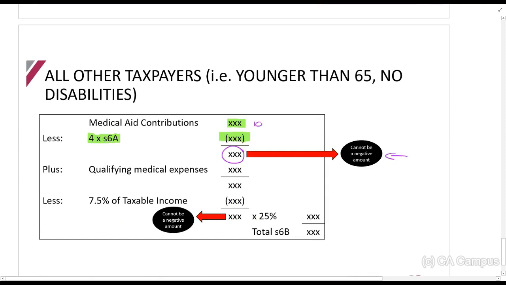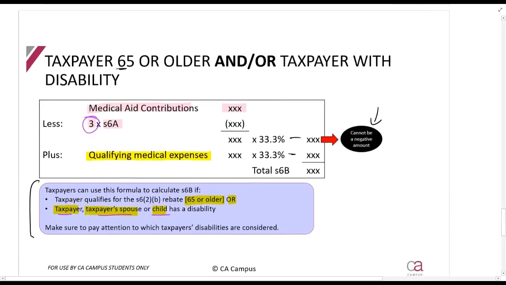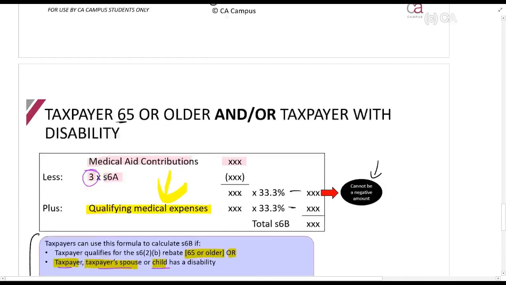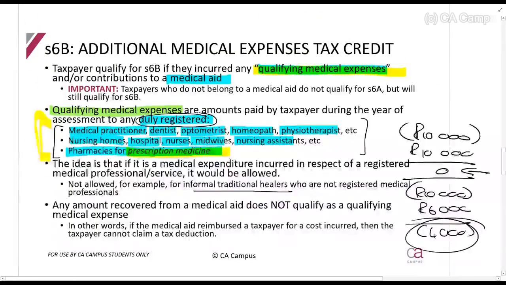So if it is 10,000 rands and you calculate this to be 12,000 rands, you just make this nil over here. You can't make a negative amount. That amount then, plus your qualifying medical expenses, and again, it's the same qualifying medical expenses that we saw over here, which are these ones over here.